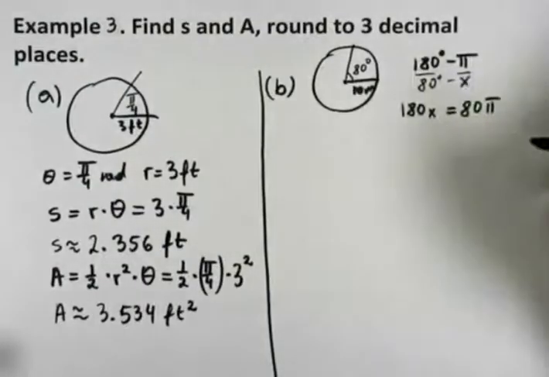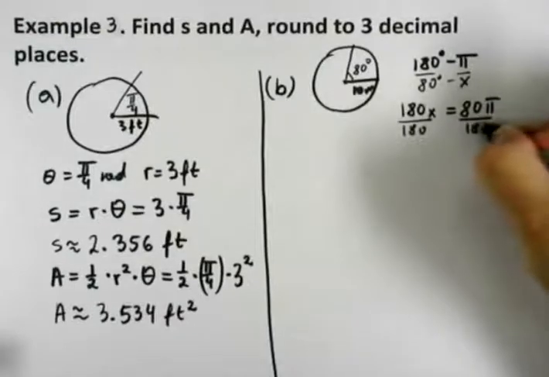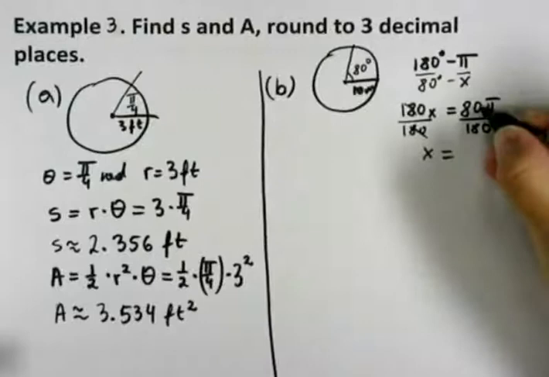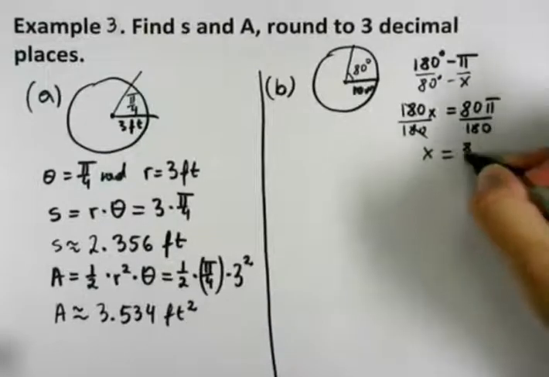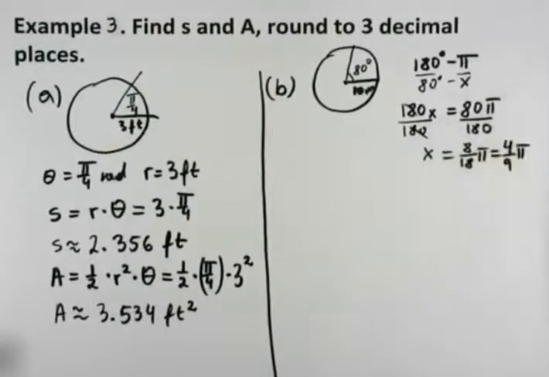Divide by 180. My x is equal to 8 over 18 pi, and this can be reduced by 2. So it would be 4 pi over 9 radians. Okay, so that's my angle.